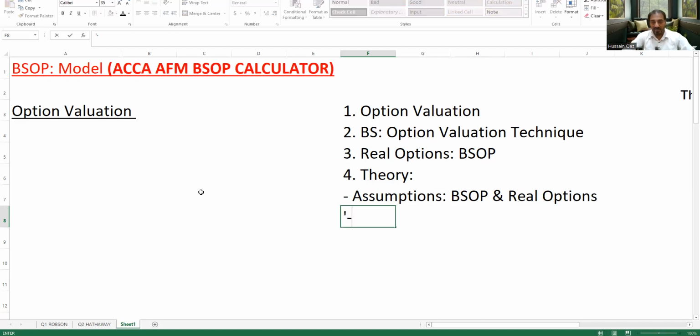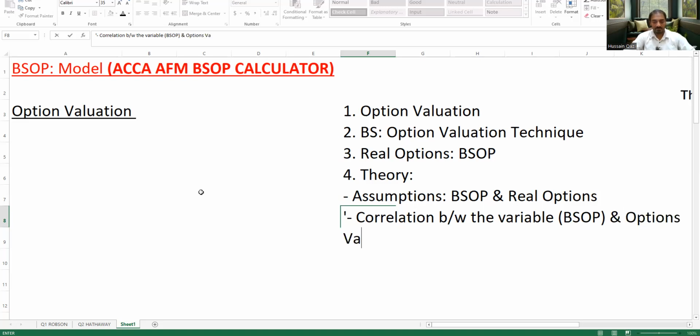You must know very well the correlation between the variables used by the BSOP and option valuation.